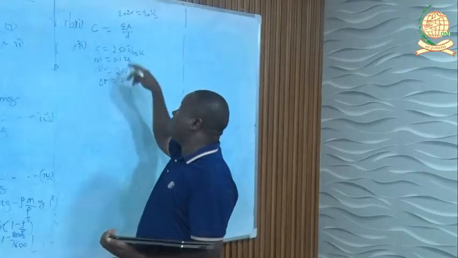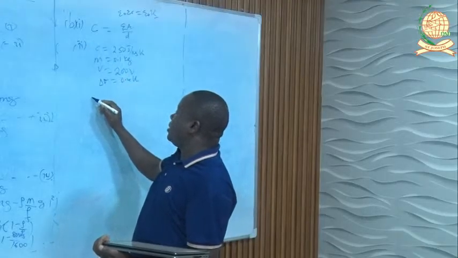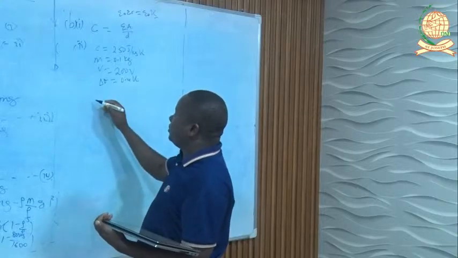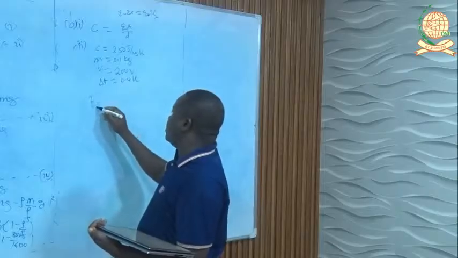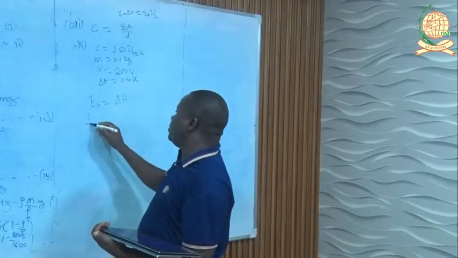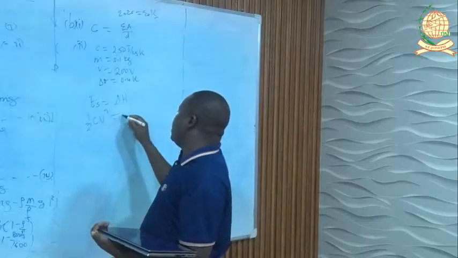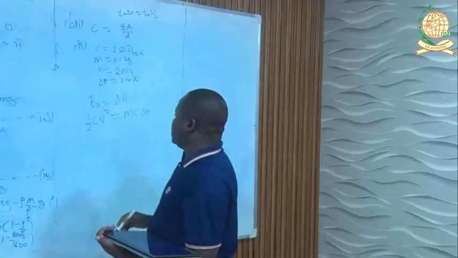So we assume that the total energy stored in the capacitor equals the heat dissipated in the block. Energy stored, which is half capacitance times V square, equals heat, which is m c times change in temperature.